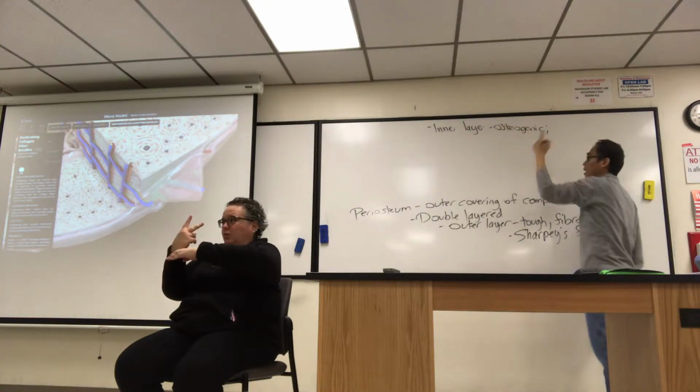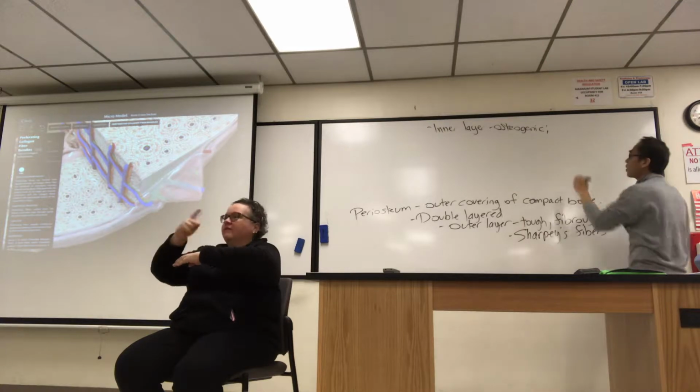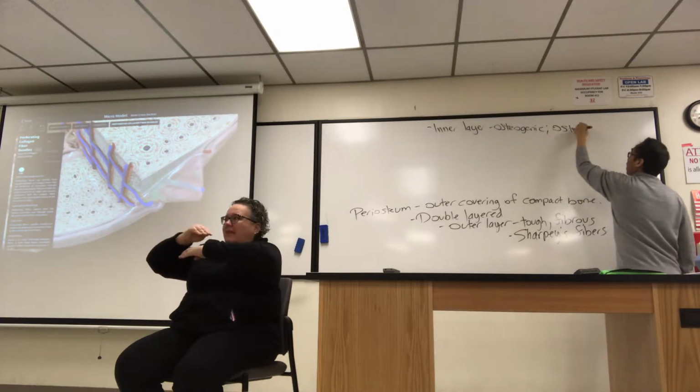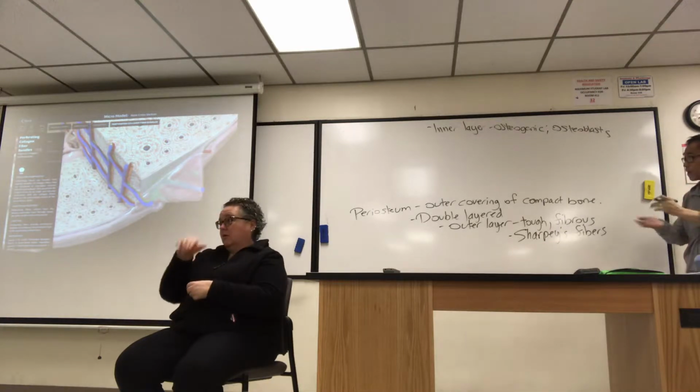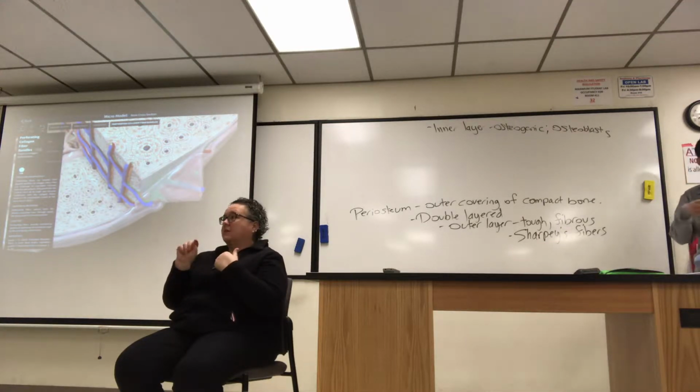Osteogenic. It's got osteoblasts, right? They build bone. So know that. These osteogenic layers, the cells that can kind of build layers of bone from the outside.